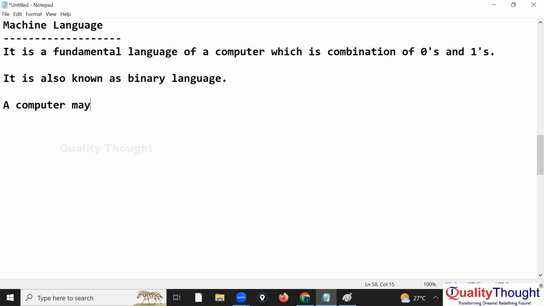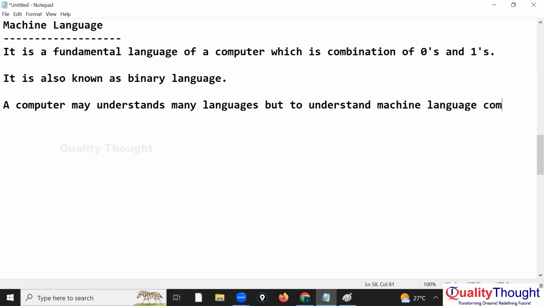A computer may understand many languages, but to understand machine language, the computer does not require any translator.